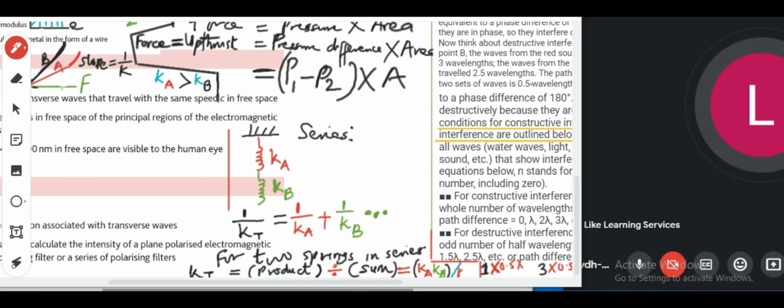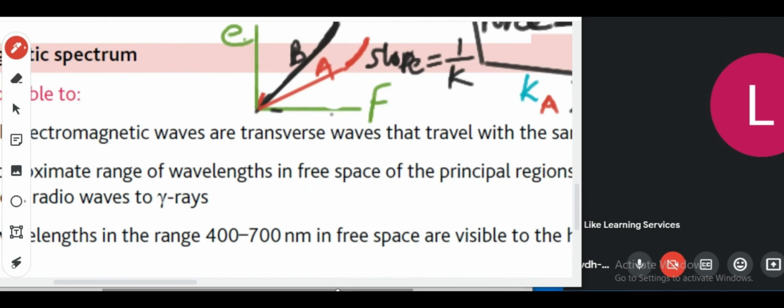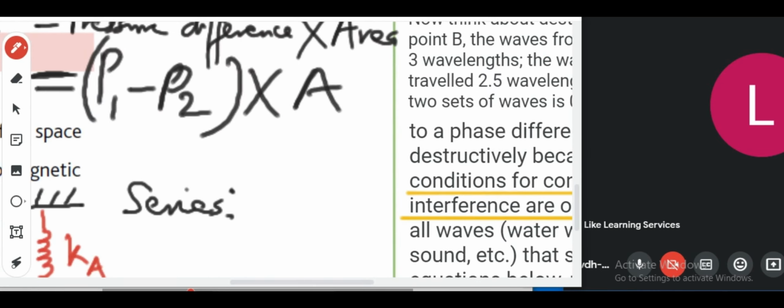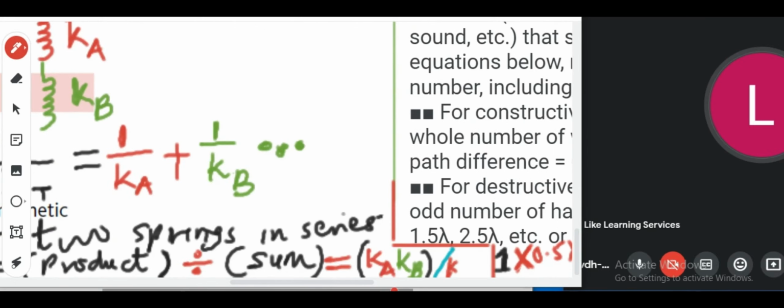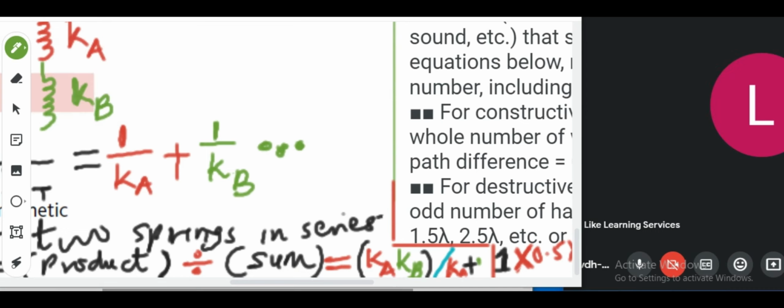I think I'll zoom this to 200% to reveal it better. For springs in series, that's product over sum in brackets.